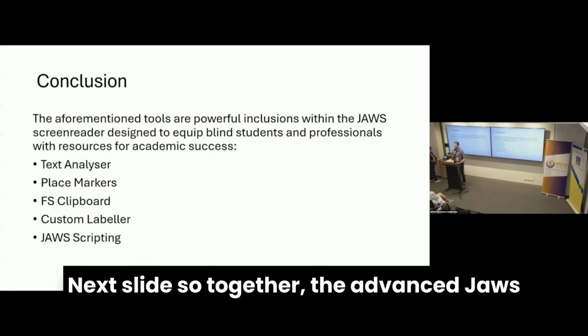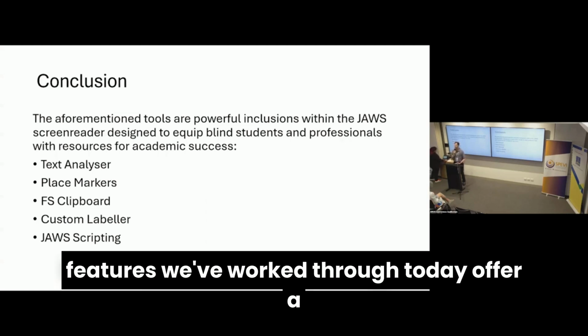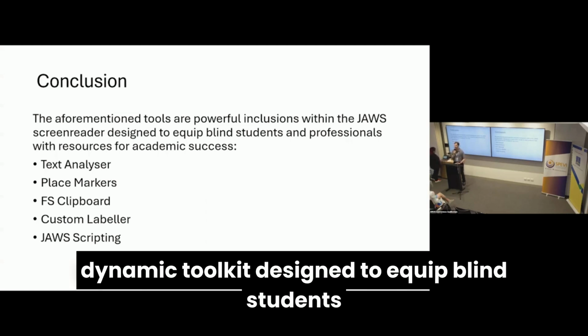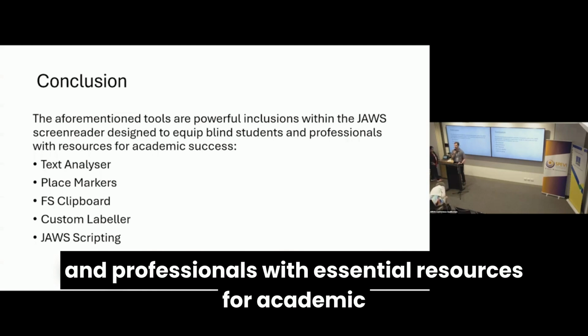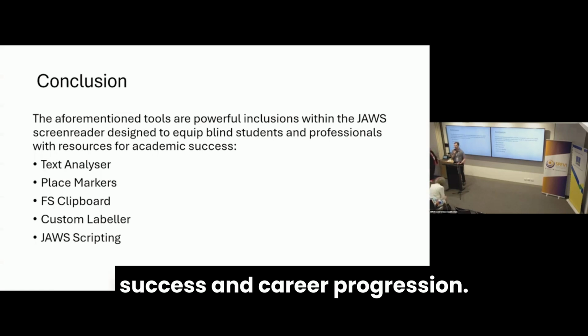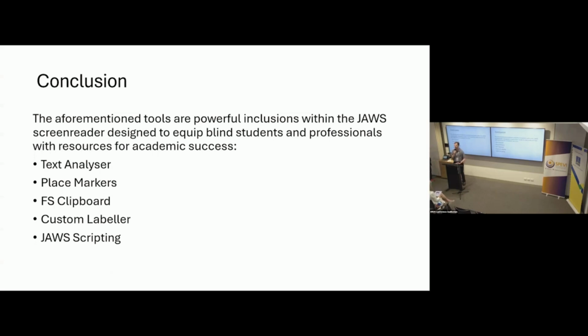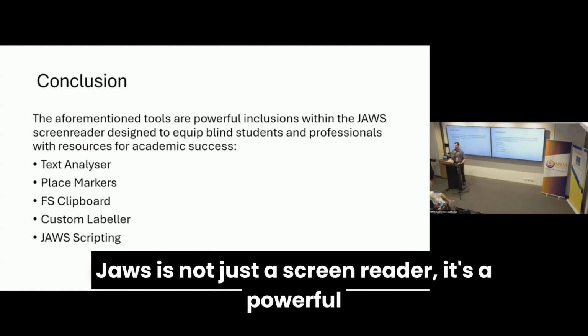Thank you. Next slide. So together, the advanced JAWS features we've worked through today offer a dynamic toolkit designed to equip blind students and professionals with essential resources for academic success and career progression. JAWS is not just a screen reader.